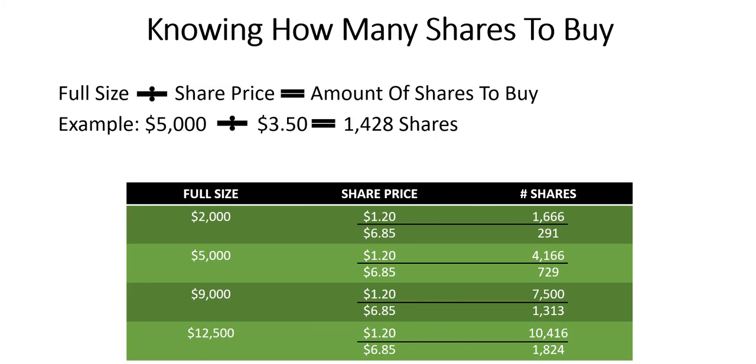You take the $2,000, divide it by the share price, and that equals the amount of shares you're going to buy for that stock. In the example I have listed here, if your full size is $5,000 and the stock price is $3.50, you simply take $5,000 divided by 3.50, and that gives you how many shares you should buy of that stock. So you'll see this is why it changes with each stock.